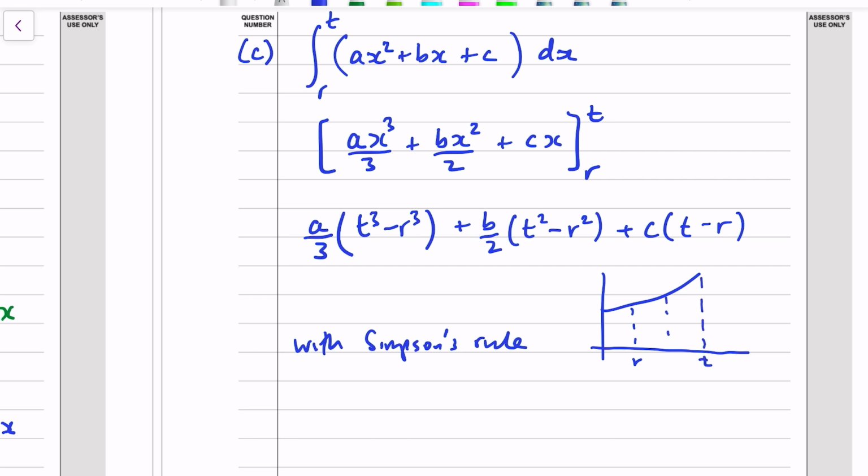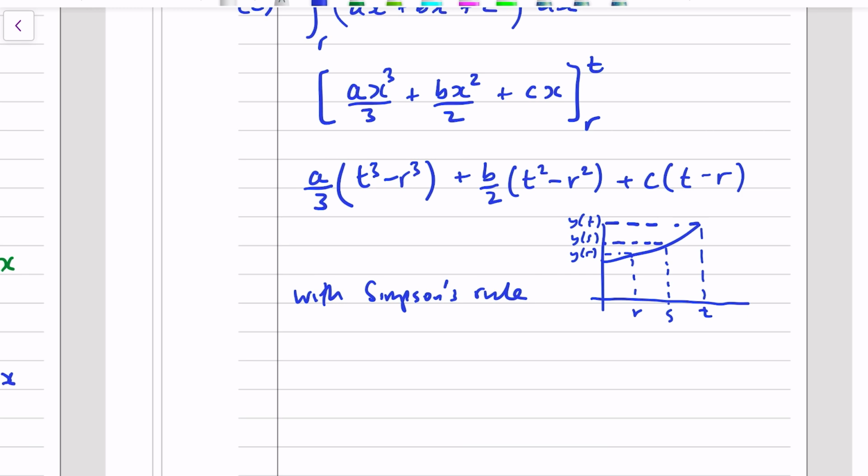We could call this middle one s, potentially why they've used letters of the alphabet with one letter missing in between them. And we just need the y values. That's the beauty of these numerical methods: we don't need integration, we just need the y values. So that's the y value of r, the y value of s, and the y value of t.